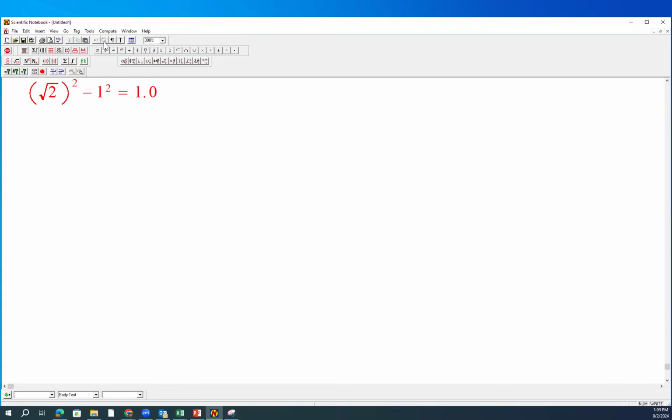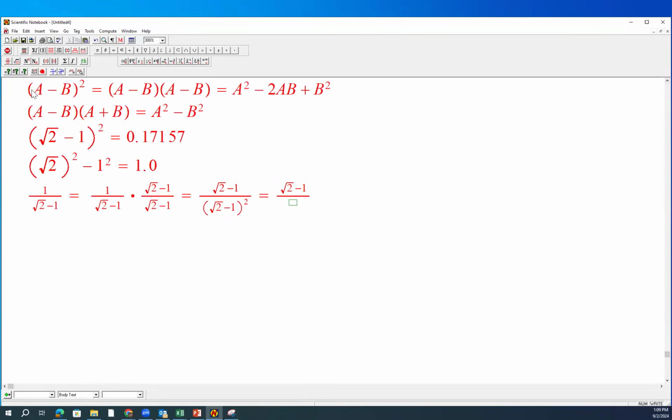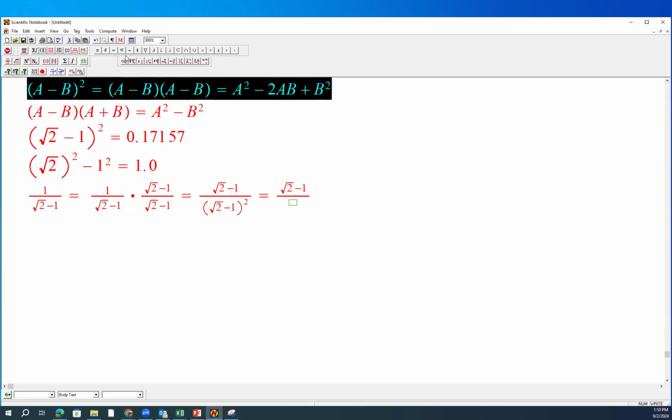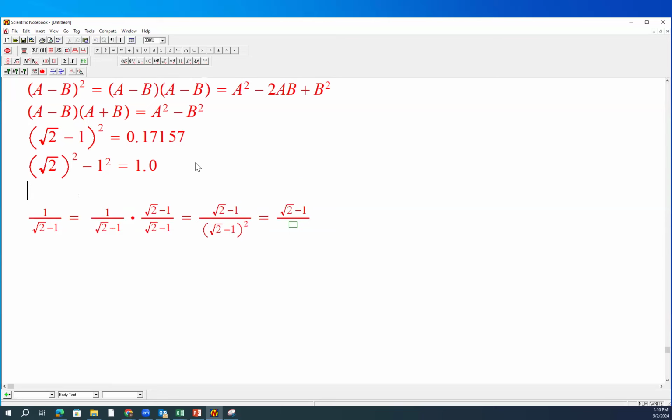So I copy and paste. What could have been done, if this student keeps going and does not do this, is keep the numerator and FOIL the denominator, applying the formula a squared minus 2ab plus b squared.